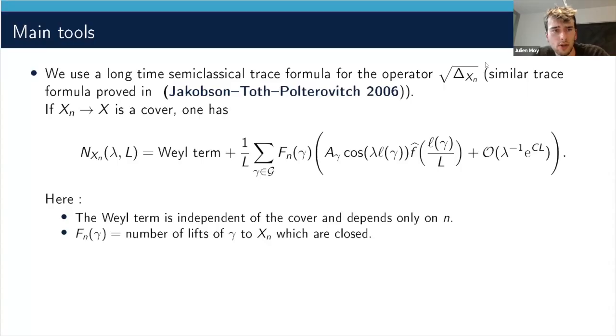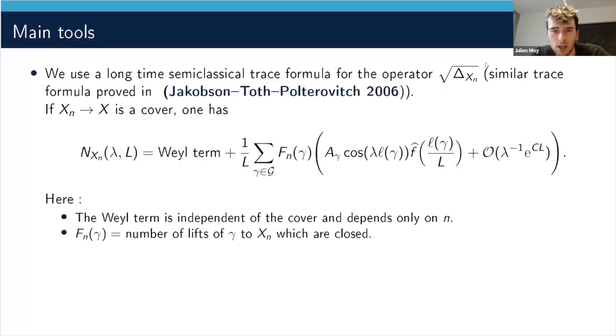Okay, so what does this trace formula tell us? Well, essentially the smoothed number of eigenvalues in the window is given by a Weyl term, and then there is, as before, a sum over closed geodesics. But the sum runs over closed geodesics of the base surface X, okay?